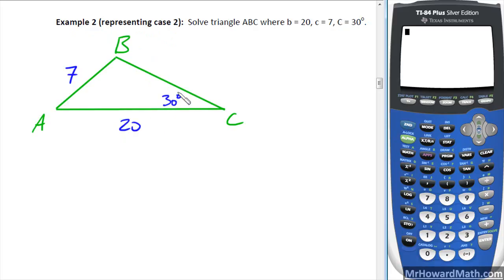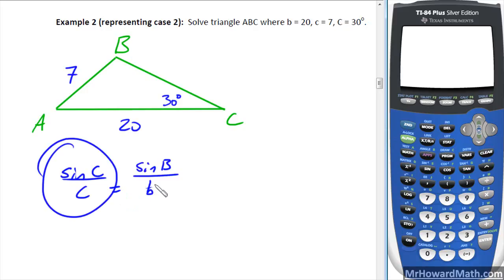So we need a complete sine pair to use the law of sines. So I have this pair right here. I have the angle and the side that goes with it. So I'll just write it out first. Sine of C over C is equal to sine of angle B over side B. That would be our first step to find angle B here. So this is our setup.